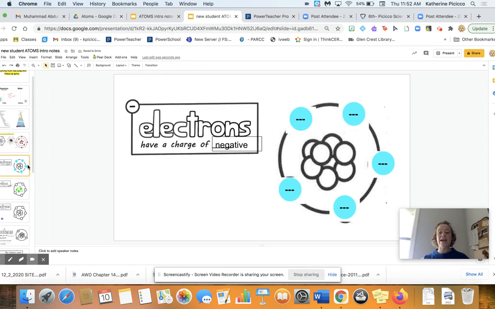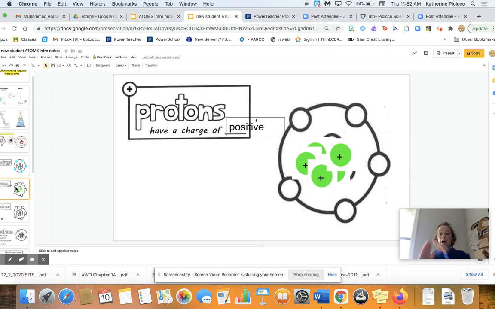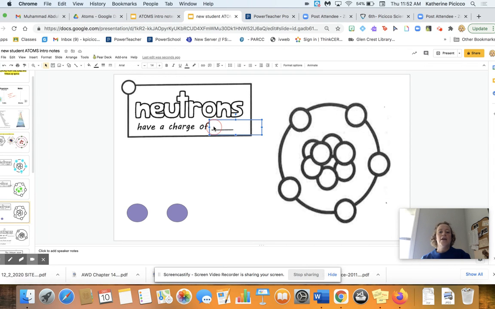So far we've done negative electrons on the outside, positive protons in the center. Okay, and then there's one other thing in the center, and that's called neutrons. When I think of neutrons, I think of Jimmy Neutron, if you know who that is. But I also think of the word neutral. If you're neutral in something, it means you don't take a side. So you really have no charge. It's kind of like in math, the number 0. It's not positive, it's not negative, it's not worth anything, right?